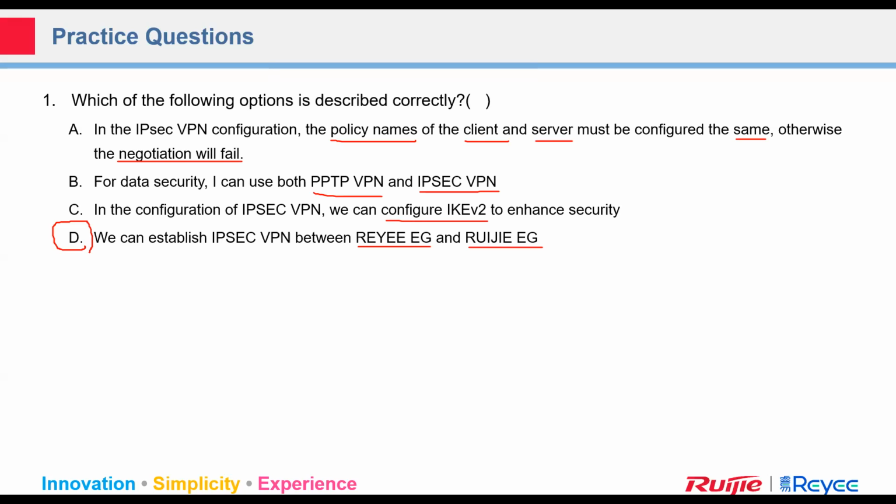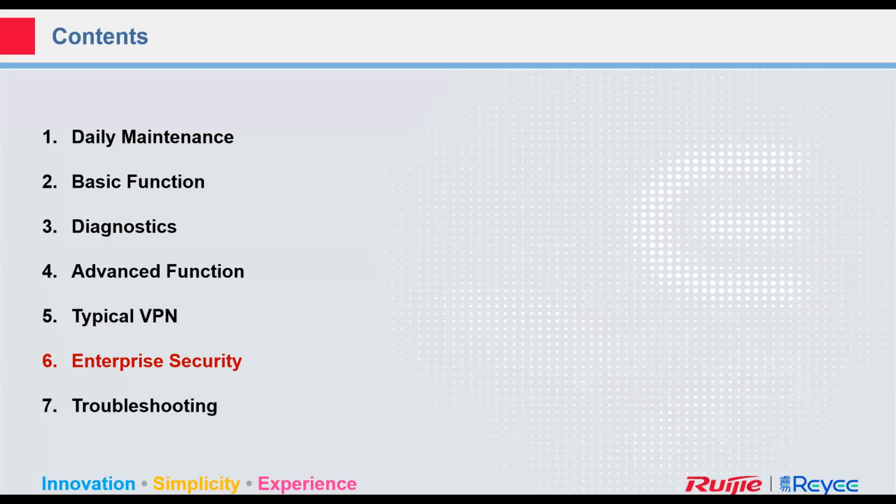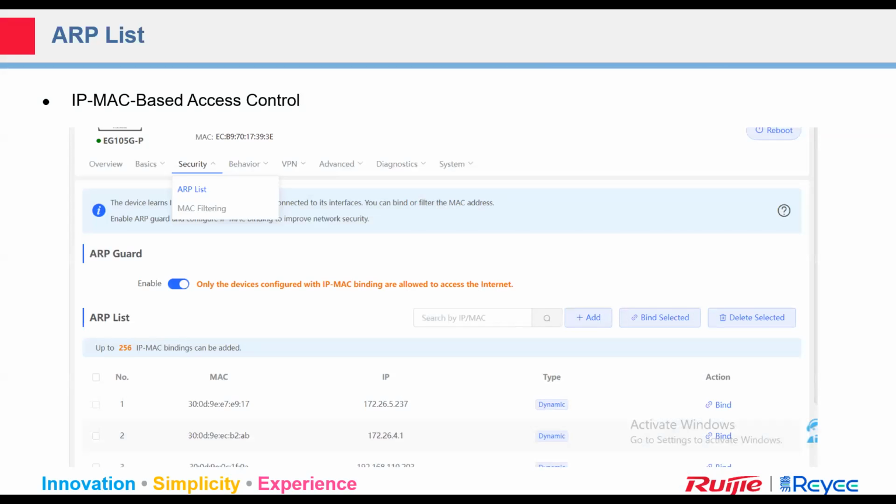All right, moving on to the next one, basic troubleshooting. Sorry, enterprise security. So here you can configure the IP MAC based access control.